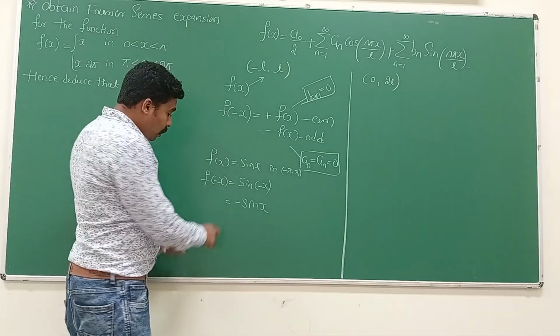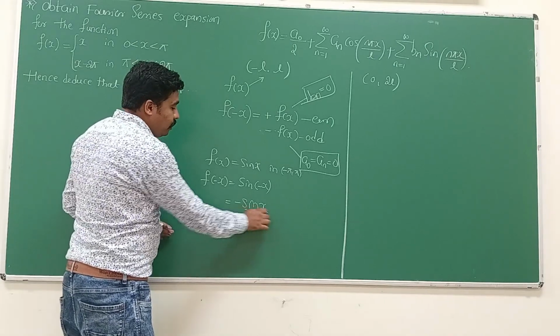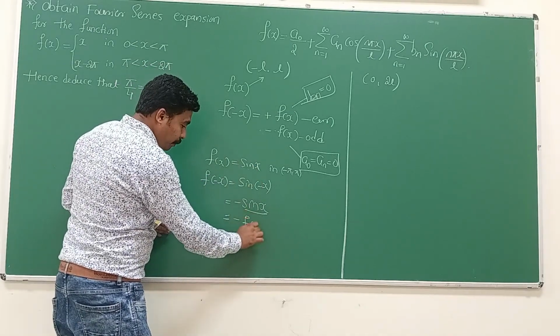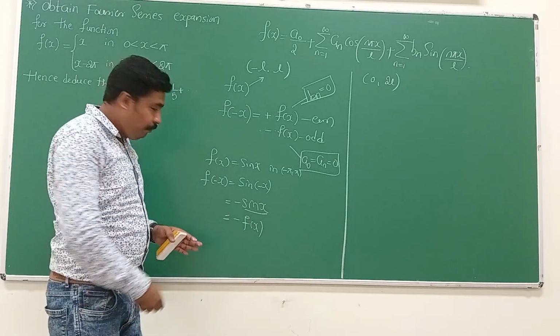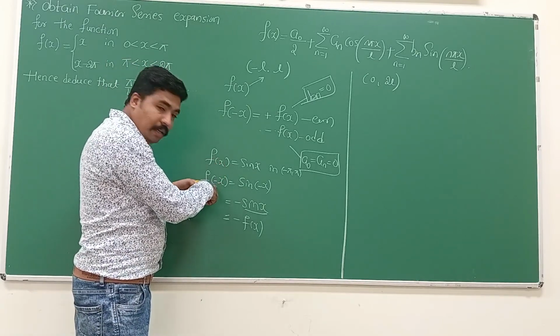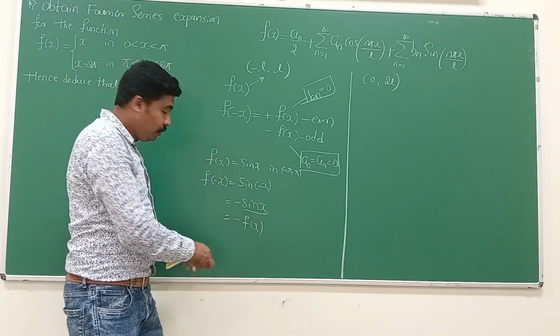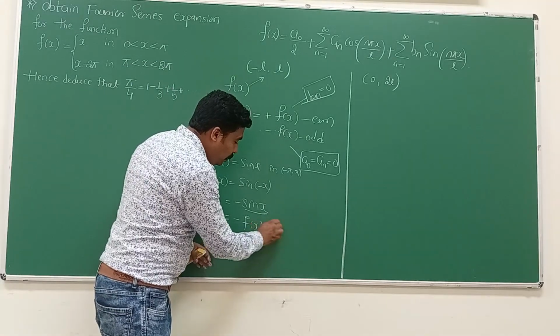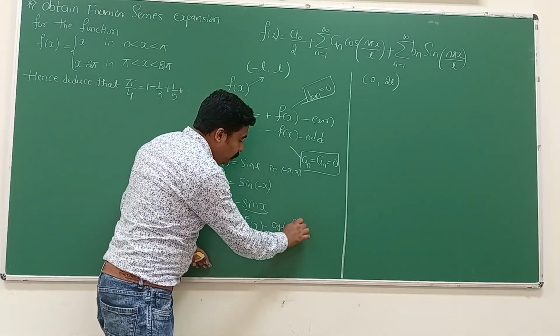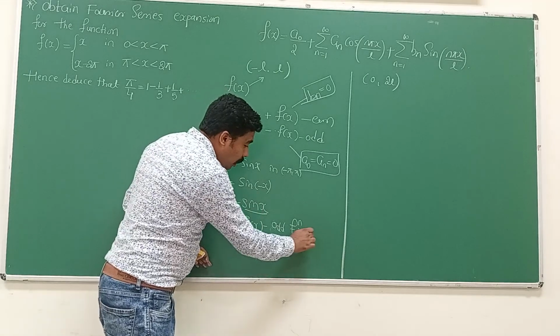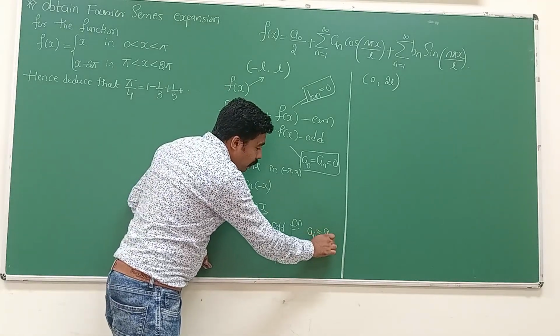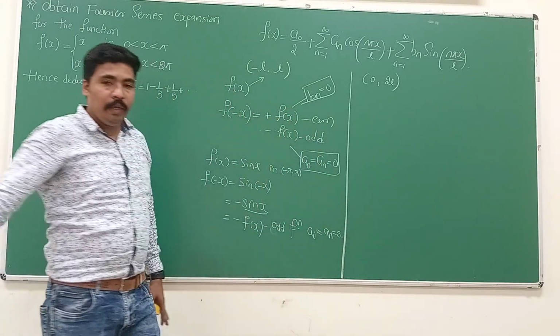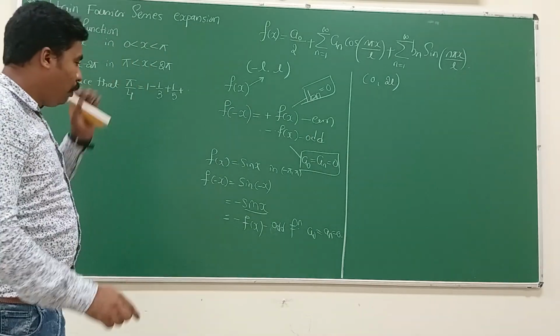Sin x is our function f of x. After replacing x by minus x, I am getting negative of f of x. Therefore it is an odd function. For an odd function, a0 and an should be 0.